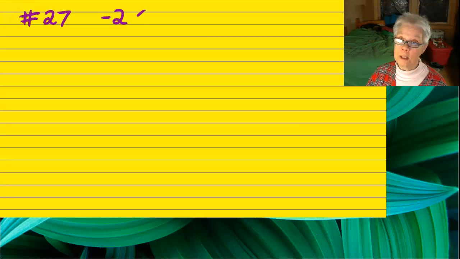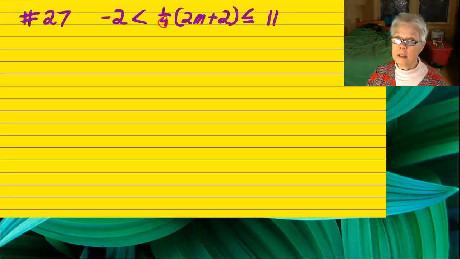For this problem, we have negative 2 is less than 1/4 times, parentheses, 2m plus 2, parentheses closed, less than or equal to 11. The first thing I'm going to do is eliminate the 1/4. I'll multiply all three parts of this inequality by the denominator of the fraction, which is 4. That's so that I can cancel out the denominator, because 4 times 1/4 is just 1.